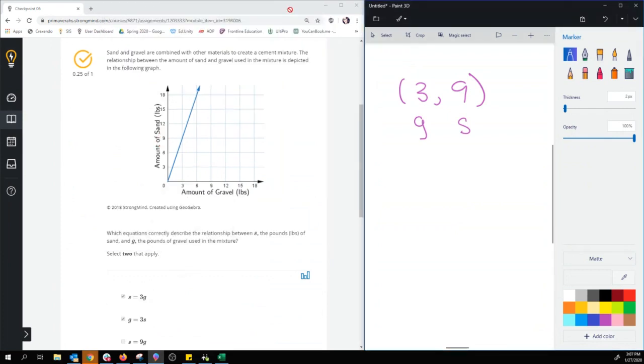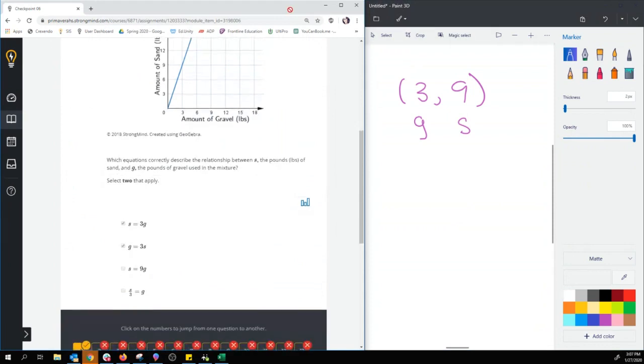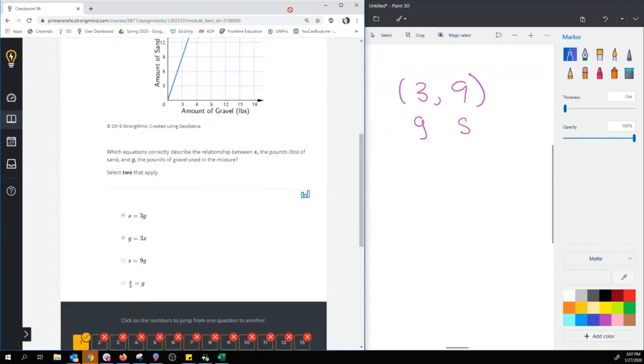So once we have that point chosen, the next thing we need to do is look at all of our answer choices and see which one, if I plug in 3 for G and 9 for S, will give me the same number on both sides.